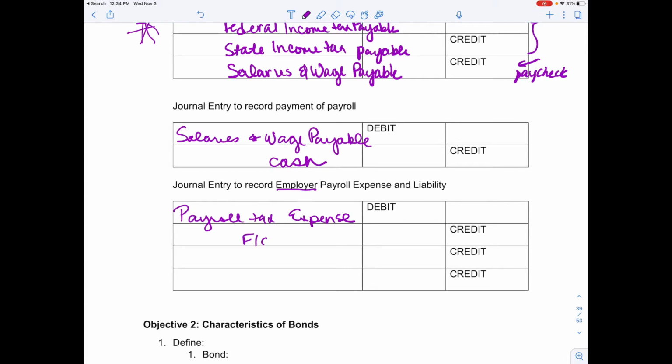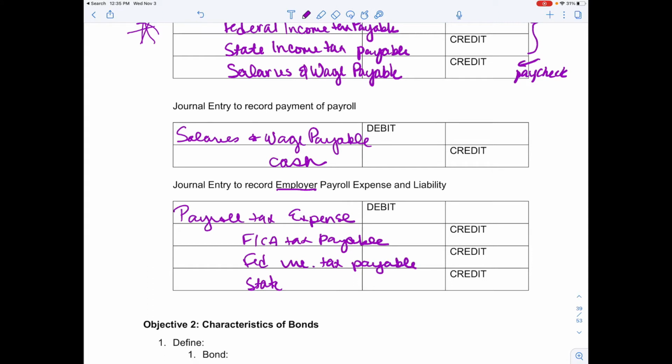And then we'll record the FICA and federal and state. Federal income tax payable. Twice.